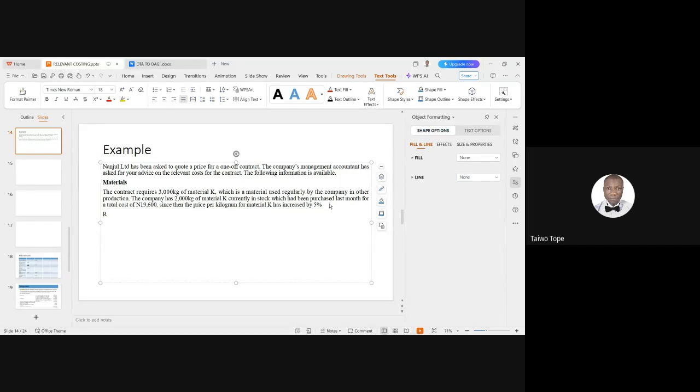So the contract also requires 200 kg of material L. There are 250 kg of material L in stock, which are not required for normal production.